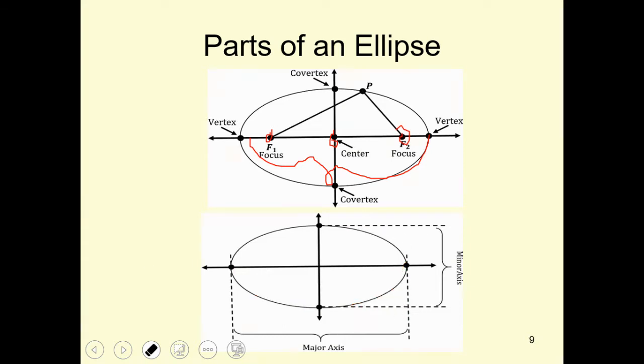Kining barog. Kung naghigda ang imong ellipse, so your major axis is naghigda pod, but wala sa orientation nato ang major ug minor axis ha. The major axis will always be the longest line, the longest axis nimo.